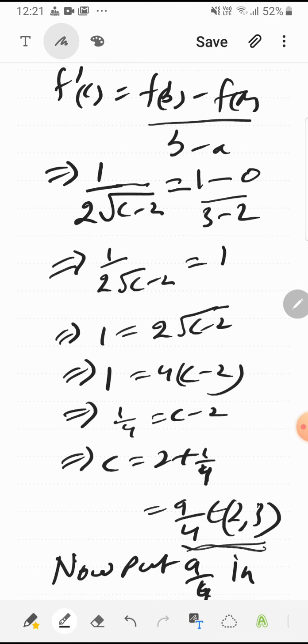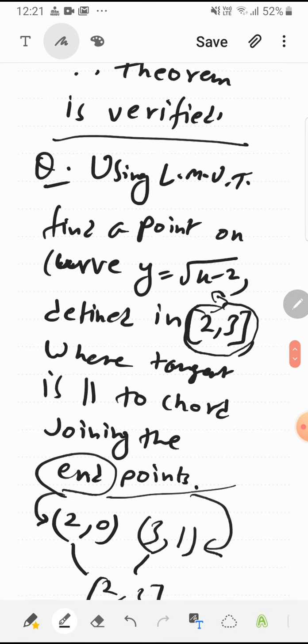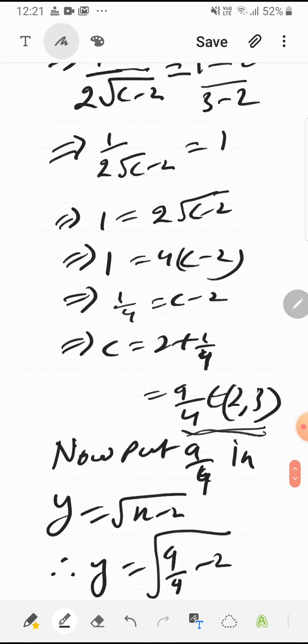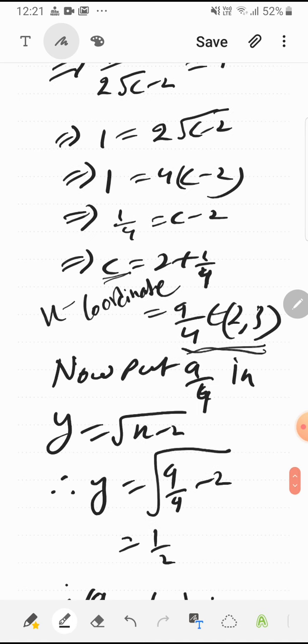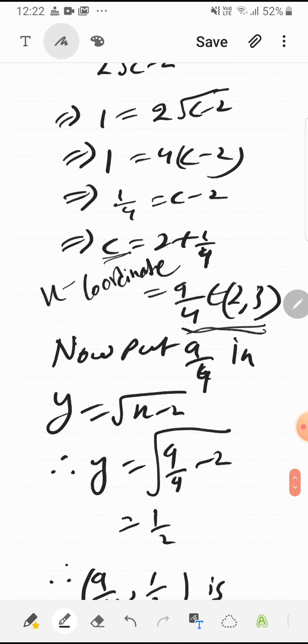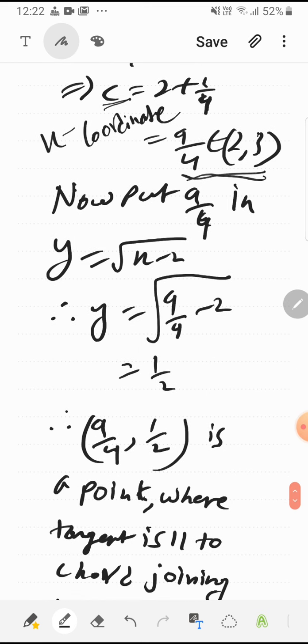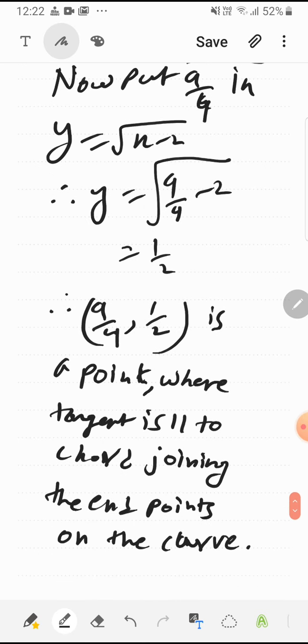Our question was to find a point on the curve where the tangent is parallel to the chord. So this c is our x coordinate. Putting the x coordinate in y, this is our y coordinate, which is half. So finally 9 by 4 comma half is the point on the curve where the tangent is parallel to the chord joining the end points.